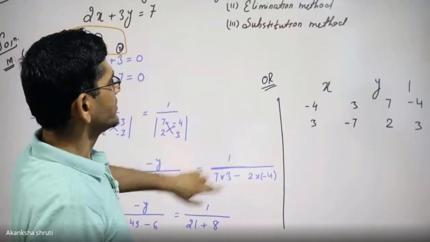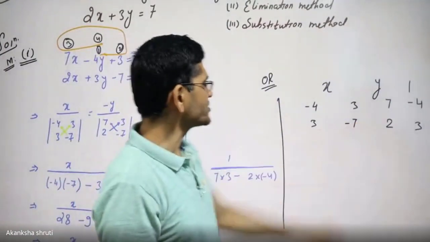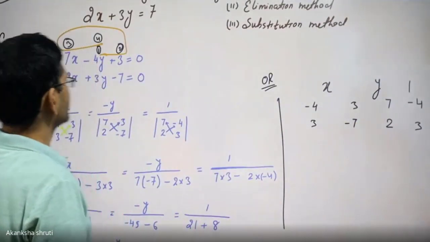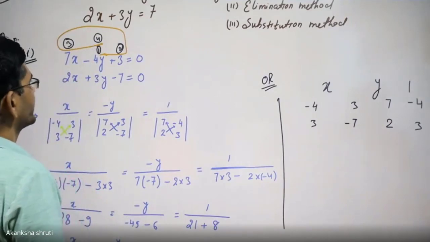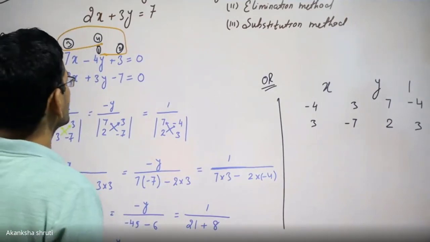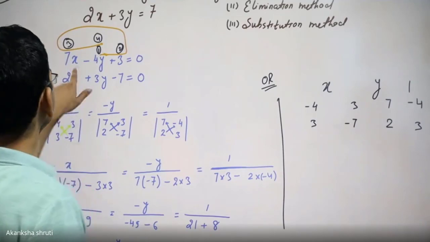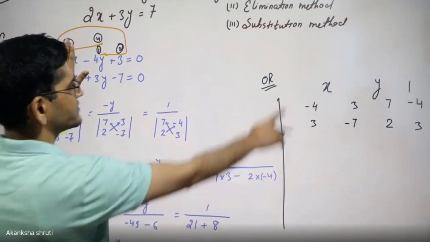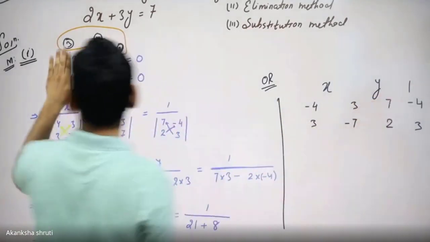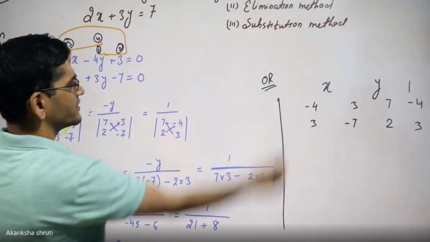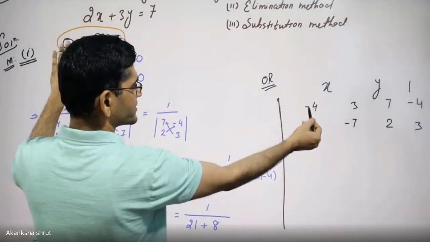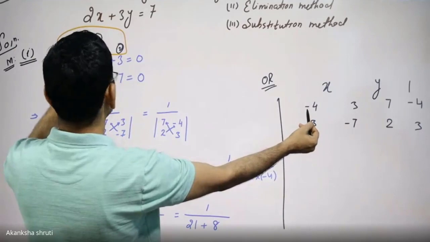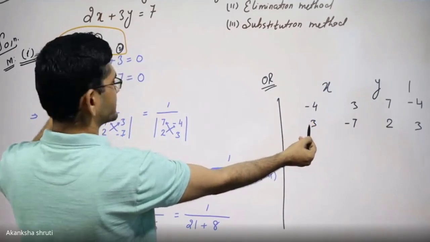Now, once we have written this arrangement, value of x and y can be determined very easily. Student, if you have doubt, you may verify. Once more, x, y, z that we have written, hide this x. For this x, start with the y, -4 and this 3.